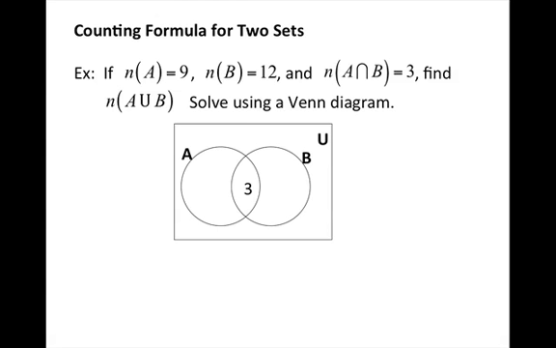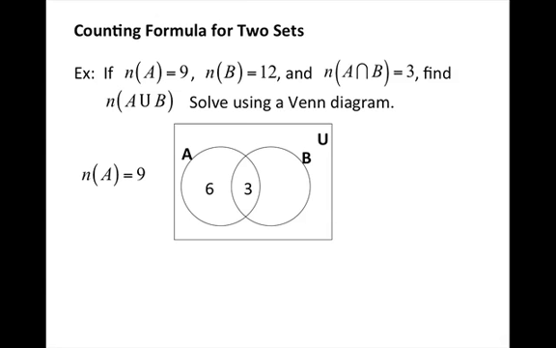Now let's look at set A. Set A contains a total of 9 elements. I've already got 3 listed in the intersection, so that leaves me 6 remaining for the other part of A. If I add the 6 and the 3 together, that would give me the total elements in set A, which were 9.